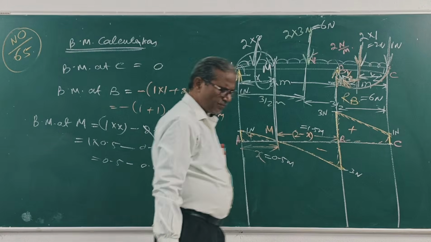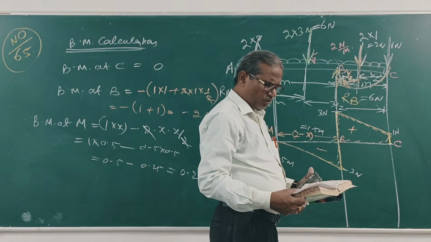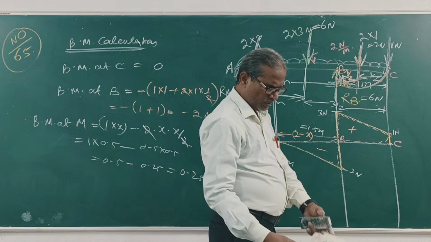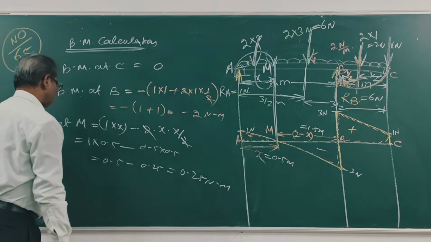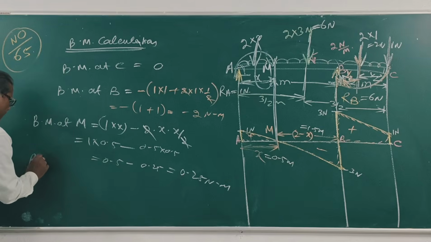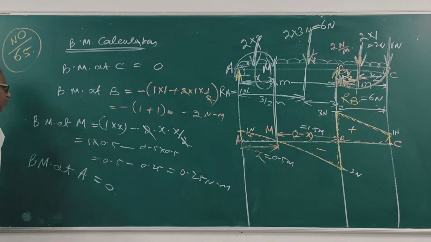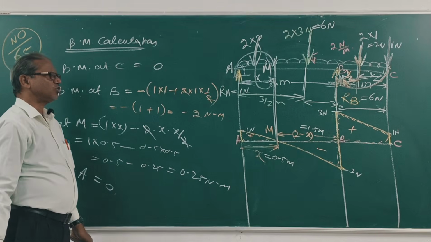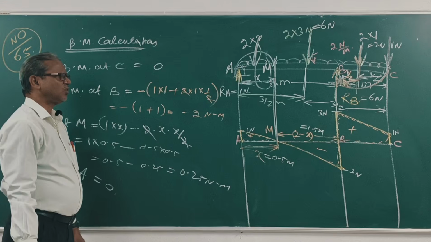Clear? 0.25 Newton meter. BM at M is 0.25. Next, at A, BM at A is 0. Right?